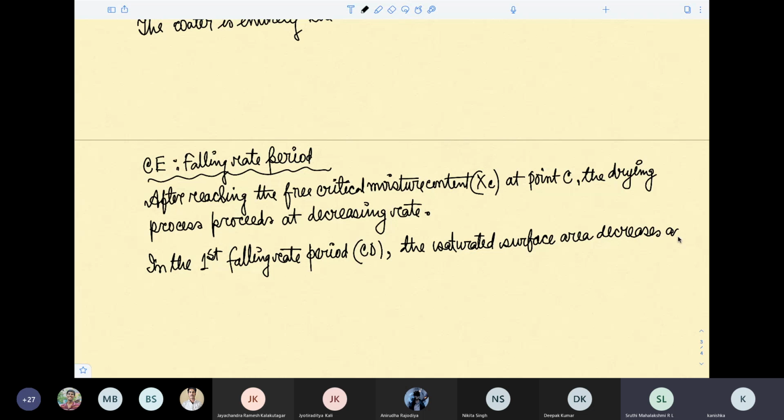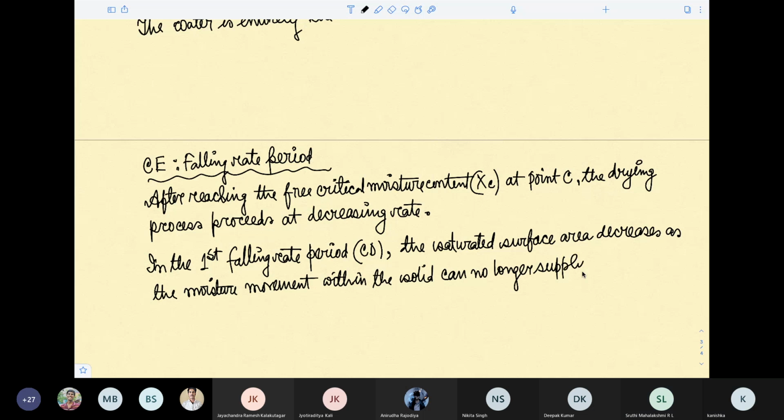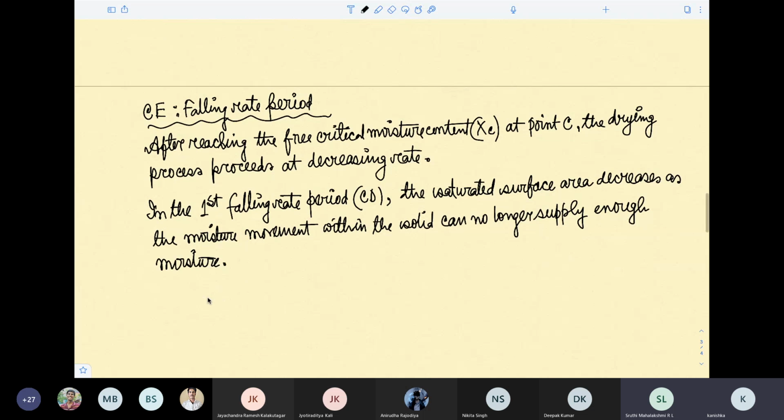The saturated surface area decreases as the moisture movement within the solid can no longer supply moisture.